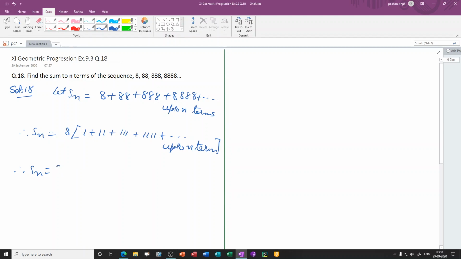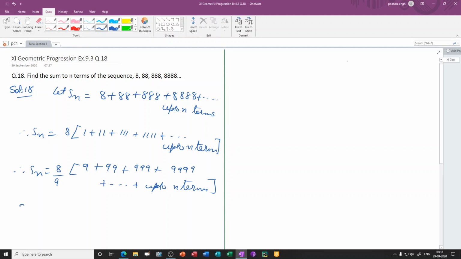So multiplying and dividing by 9, we get 8 by 9 into the bracket, where each number is multiplied by 9: 9 plus 11 into 9 is 99, 111 multiplied by 9 is 999, plus 1111 multiplied by 9 becomes 9999, plus so on up to n terms.